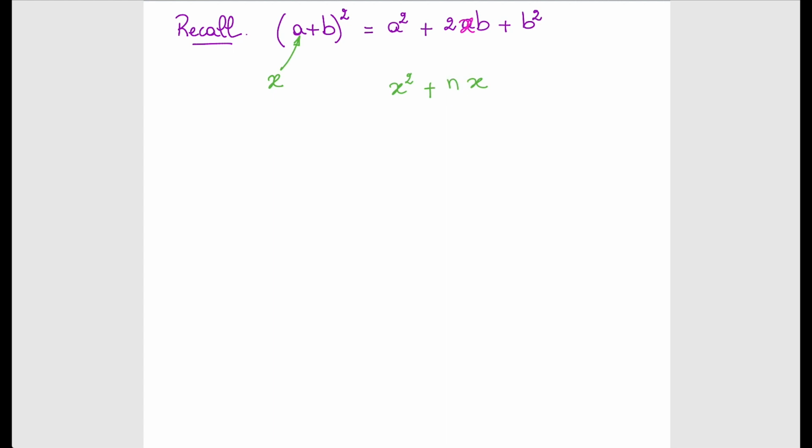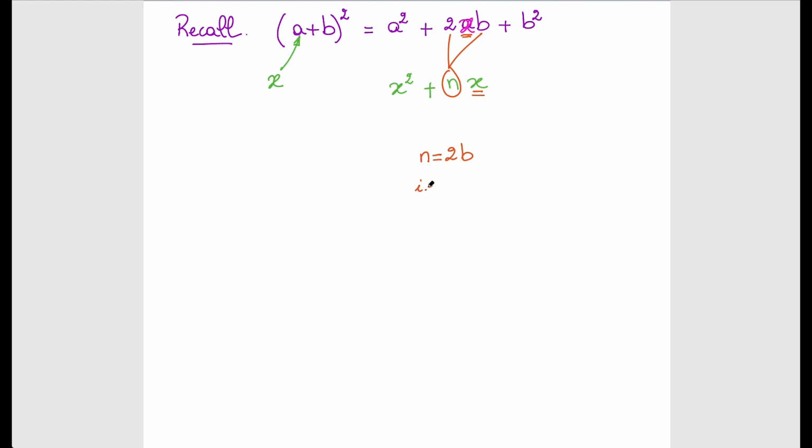So n should be twice b, right? Why? Because this x is already here, and I'm comparing this term with this term. The only thing for them to be the same is that I need 2b to match n, correct? So if I want 2b to match n, I'm asking this to happen. And as such, what's b?